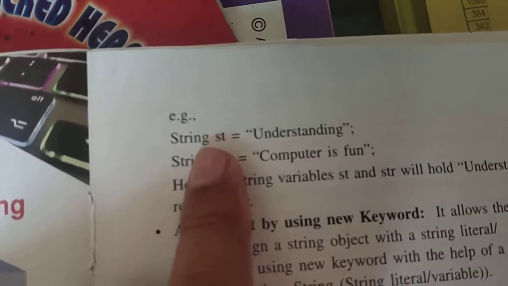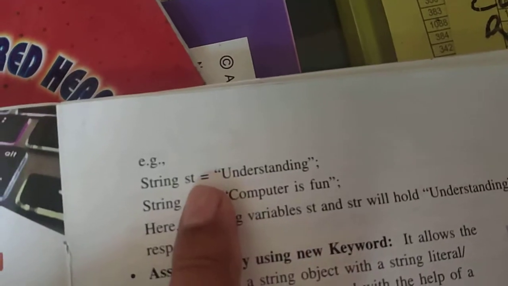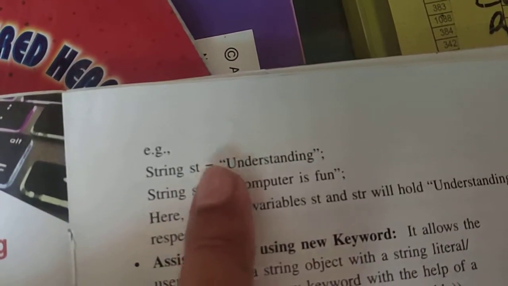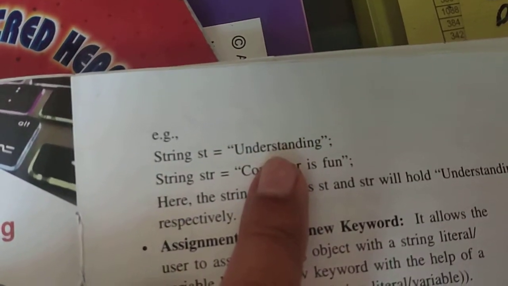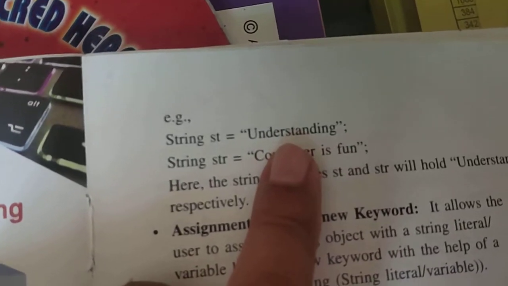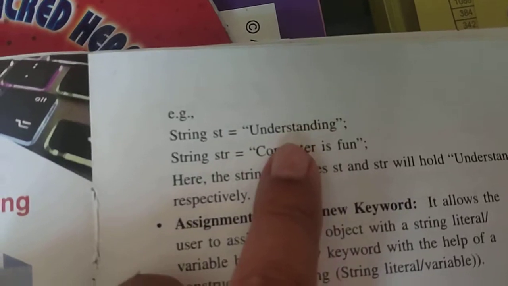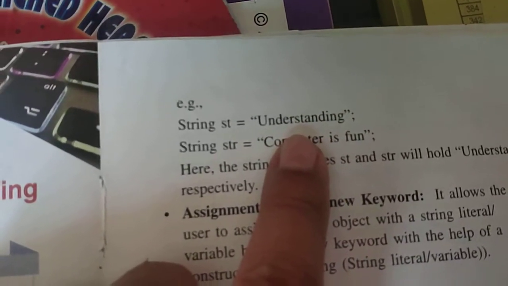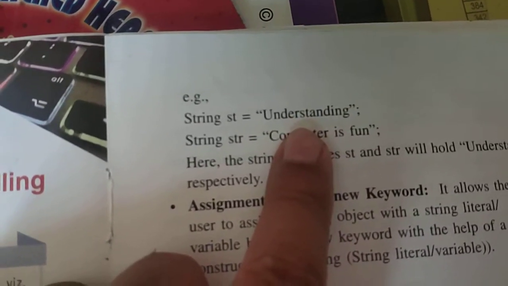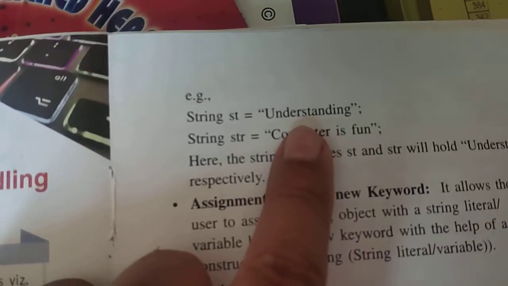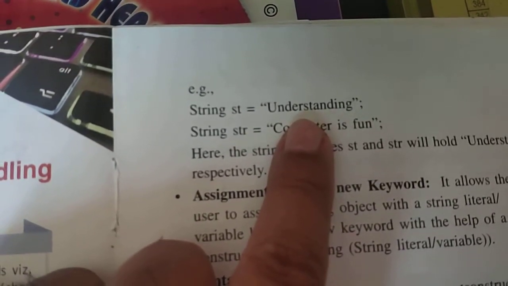String is the name of the data type, st is the name of the variable, and this is the literal, meaning the value. So in this one, the st variable will store the word understanding, and you can see that the string value is written within double quotes.